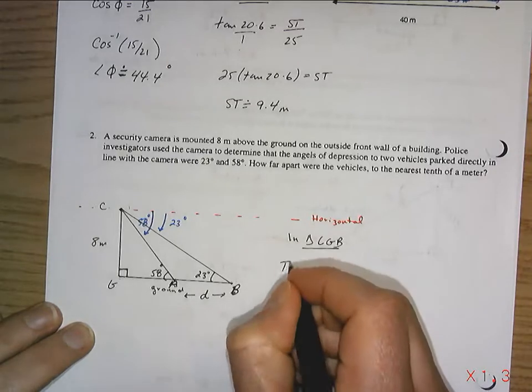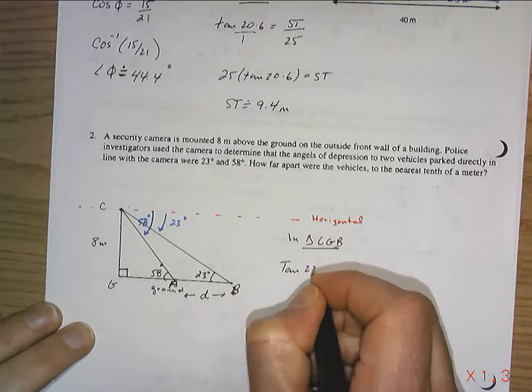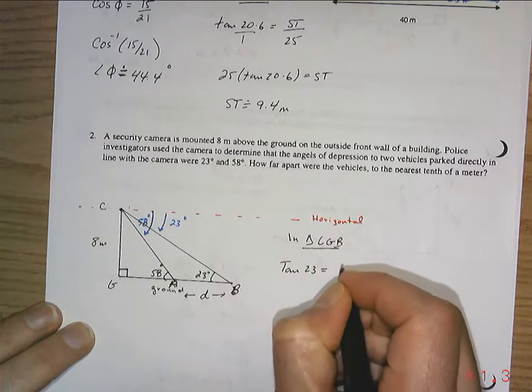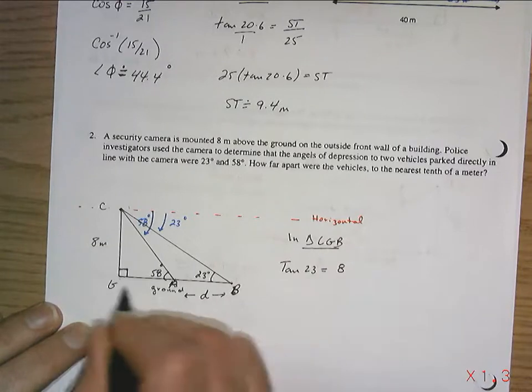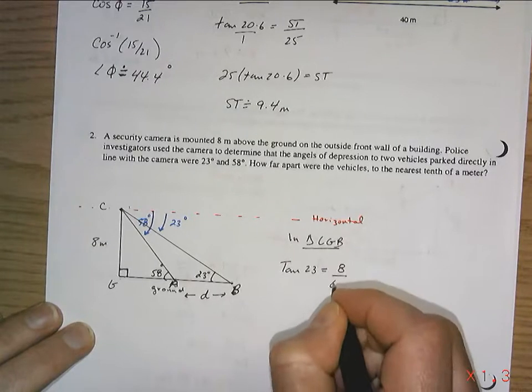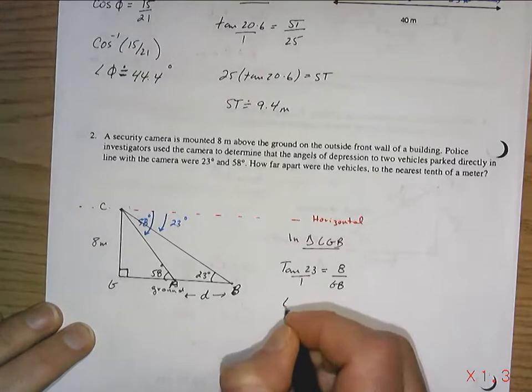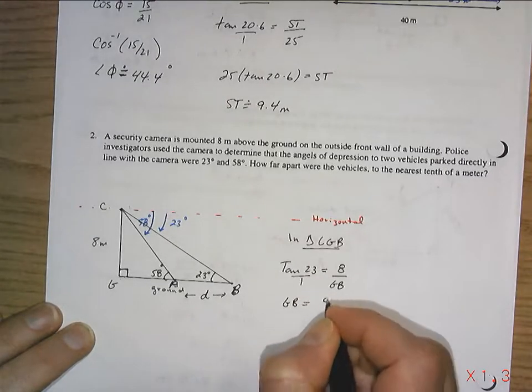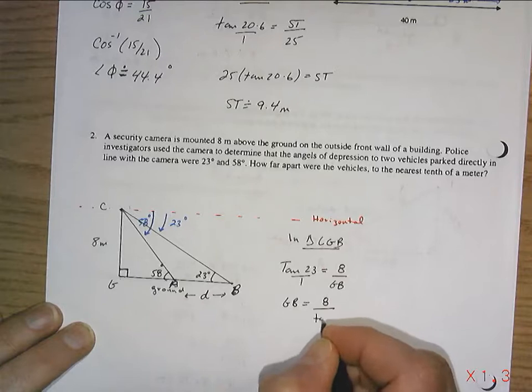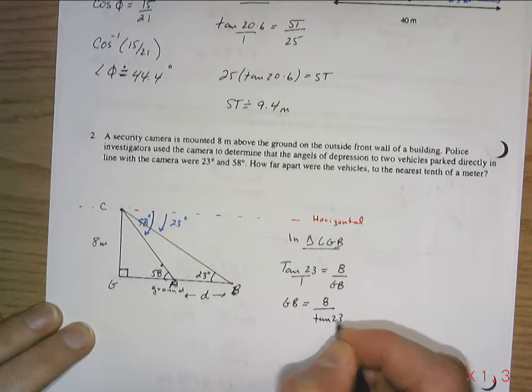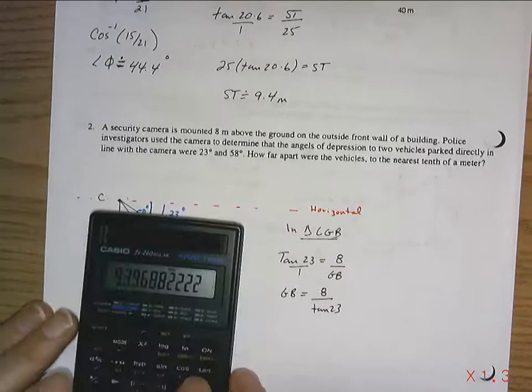So the tangent of 23 degrees is going to equal 8 over this big distance, GB. I'm going to rearrange that. At this point, you should have had enough practice doing this that I can just do it like this and you'll be okay. If not, practice some more.